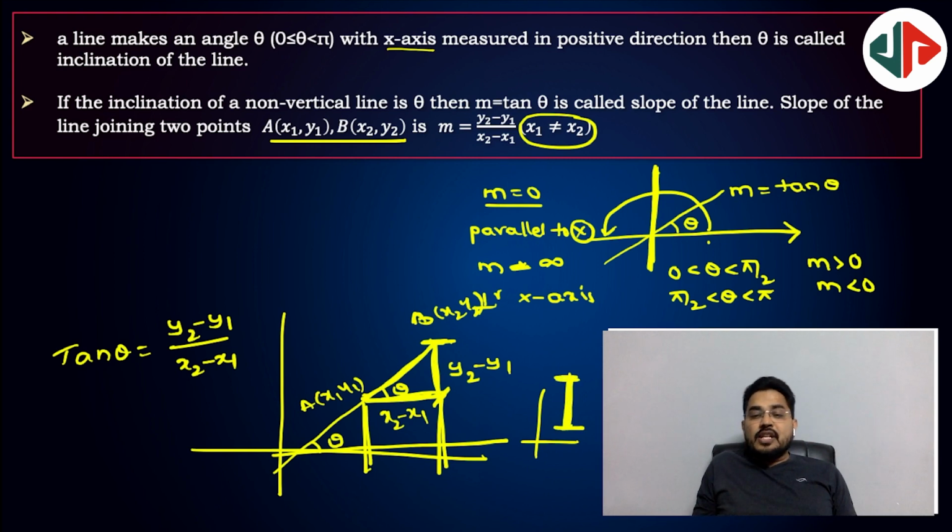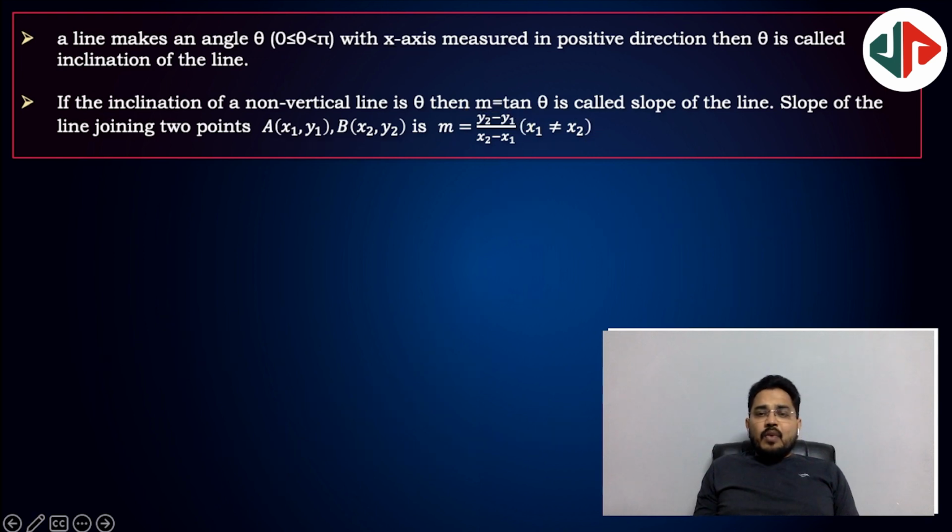That is our special case, a line parallel to the y-axis. So the slope of the line joining two points is y2 minus y1 by x2 minus x1. This is exactly what we learned: the inclination of a line and how to find the slope of the line joining two points x1, y1 and x2, y2.